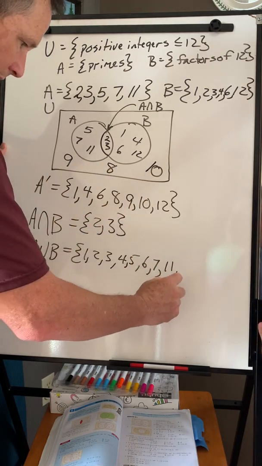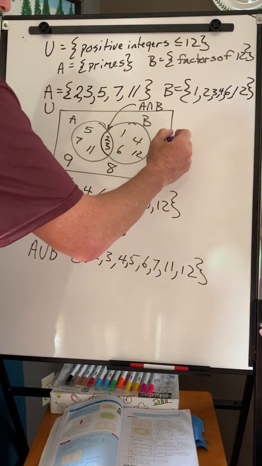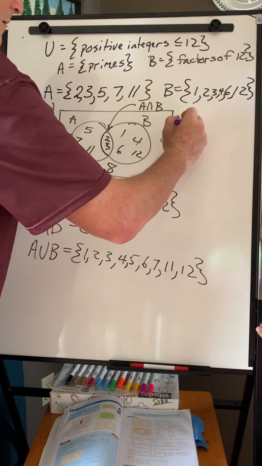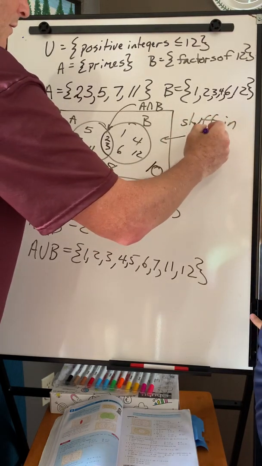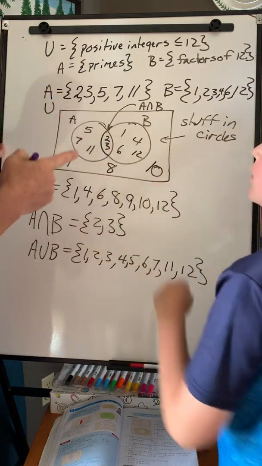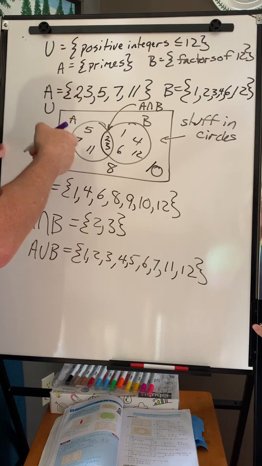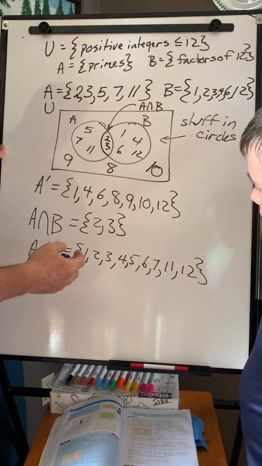So we get 11, 12. So everything in the circles. Should you count 2 and 3 since they're in there? I did count them because they are part of it, but I don't count them twice.